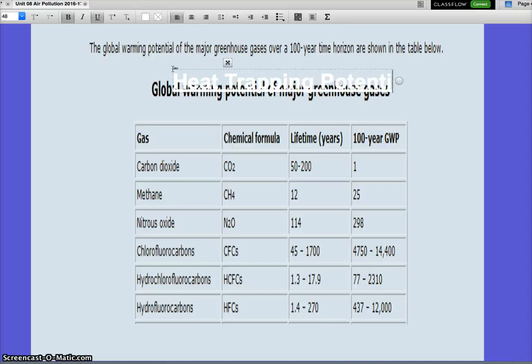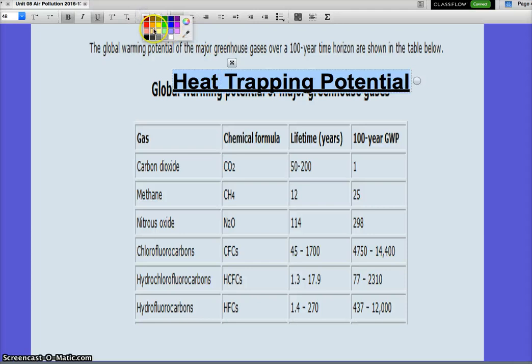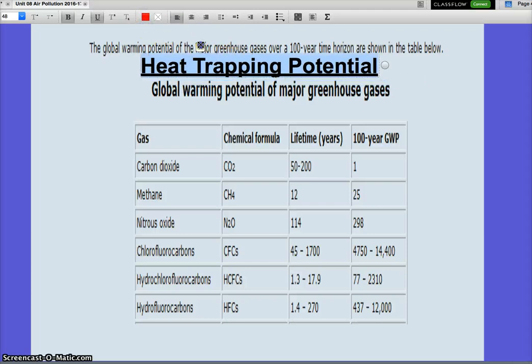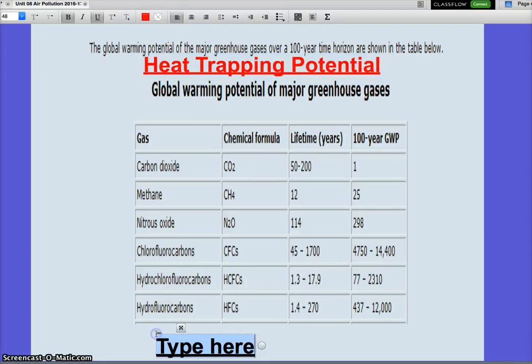And I'm going to give you the order. Okay, let me change this to red. So the number one trapper of heat, believe it or not, is water. Water traps like 100,000 times more heat than any other greenhouse gas. So if water's in the troposphere, it's going to re-radiate a whole bunch of infrared rays back down to Earth.